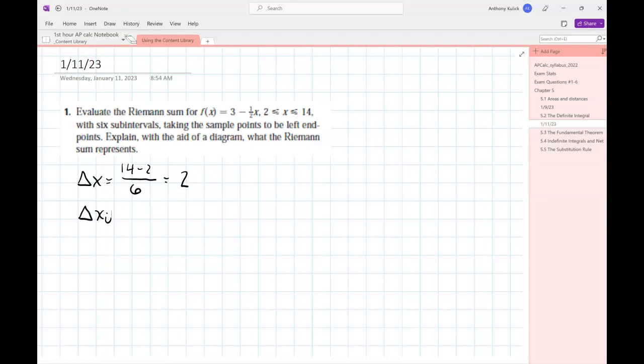My xi then is going to be, I'll write it, a plus i delta x. So that's 2 plus 2i.